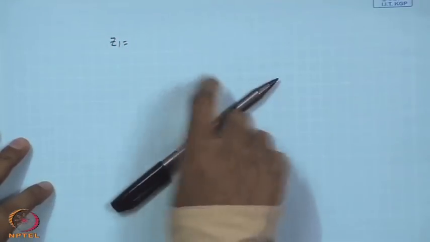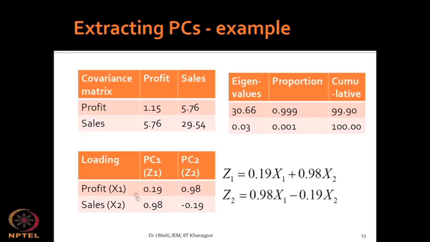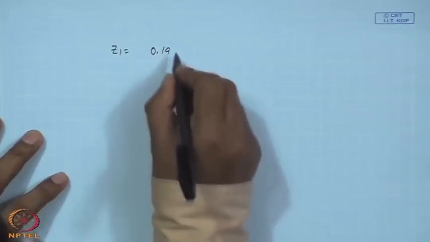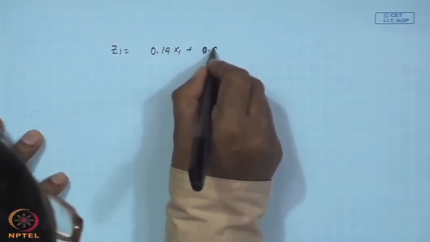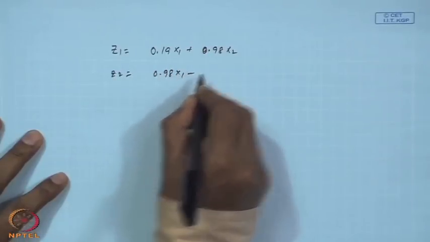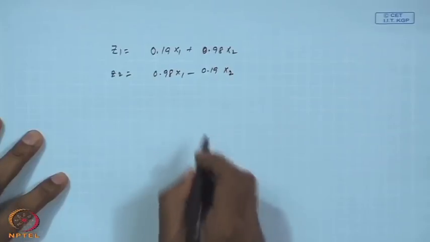For example, the example we have considered here, that the loadings we are calculating from profit and sales are the two variables, interrelated variables, and we have extracted also two components PC1, PC2, and these are Z1, Z2, and the loadings, that basically this component loading or the eigenvectors, 0.19 and 0.98 for your first one, that your component 1, 0.19 x1 plus 0.98 x2, and similarly for Z2 it is 0.98 x1 minus 0.19 x2.